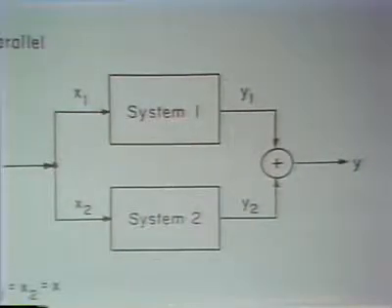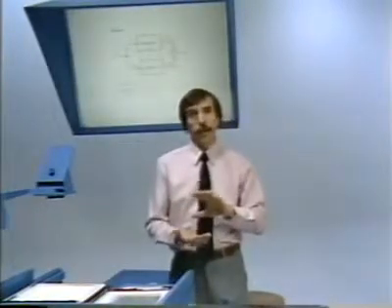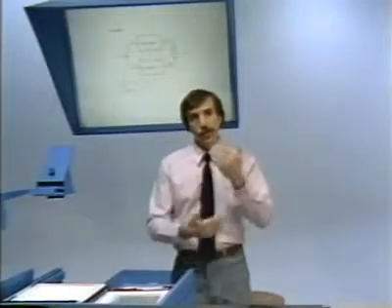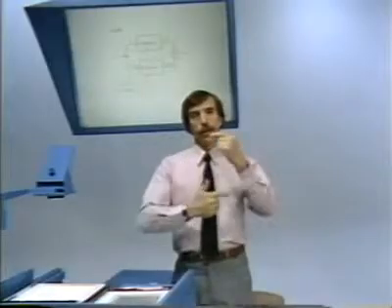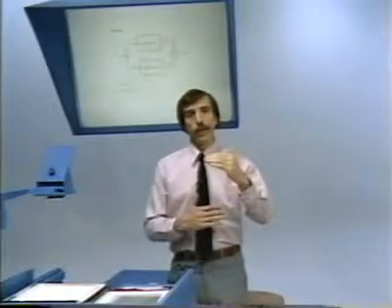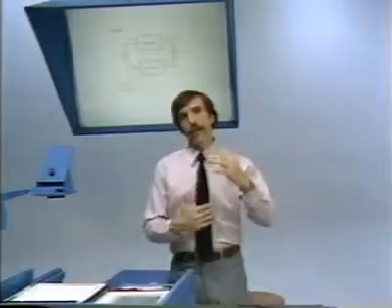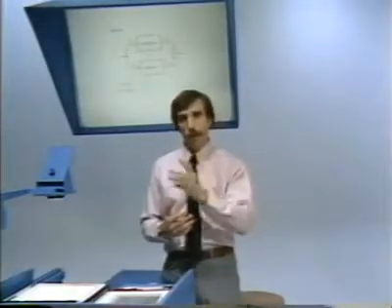Now, in this particular case, in contrast to a cascade, no matter what the systems are, the order in which they're put in parallel doesn't matter; the overall transformation is independent of the order. And of course, that follows from the fact that we're simply adding up outputs, and the outputs can be added in any order because addition doesn't care in which order you're adding things up.